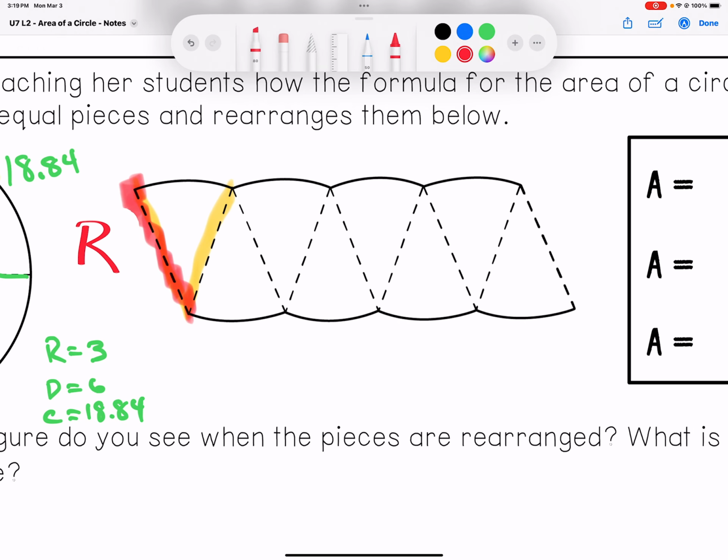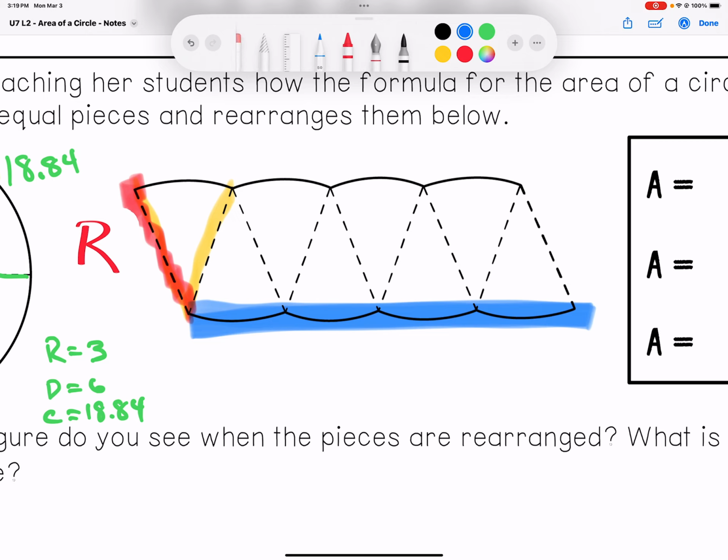This next one, okay, that is 1/2 of the circumference. Because the circumference is all the way around.